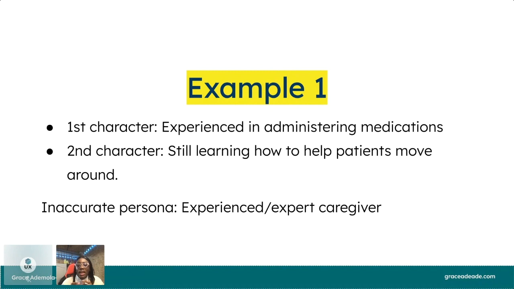I think it would be inaccurate of us to bunch together those titles that are put on top of personas to say this is an experienced or expert caregiver, because they're not actually experienced across the board. Yes, they're experienced in administering the medications, but not really in the other one, because there are so many tasks that come together to make someone who they are, or to say the person has achieved their goal.